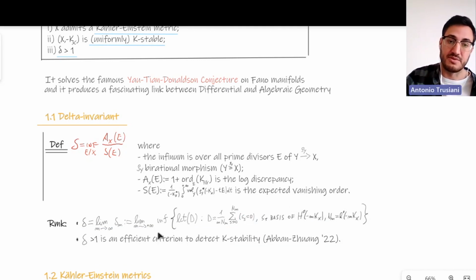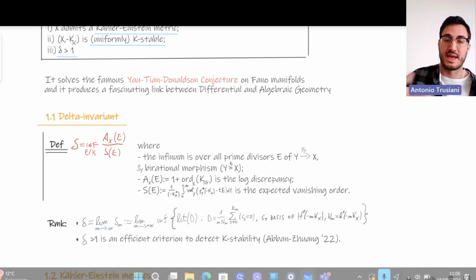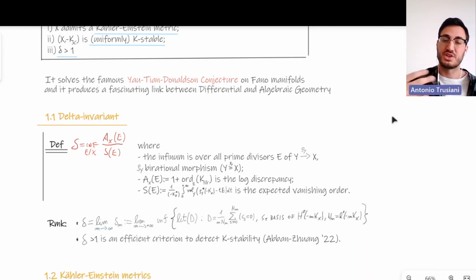And then you consider the infimum of this log canonical threshold, and you let m go to infinity. So it is a measure of how singular these particular Q-linearly equivalent divisors can be. It's a measure of the singularity of the linear system associated to minus m K_X, if you want.